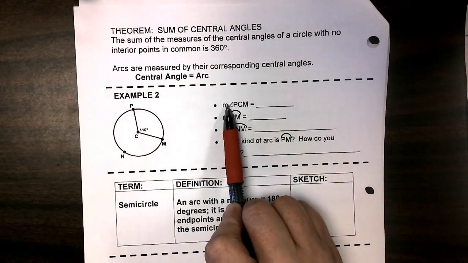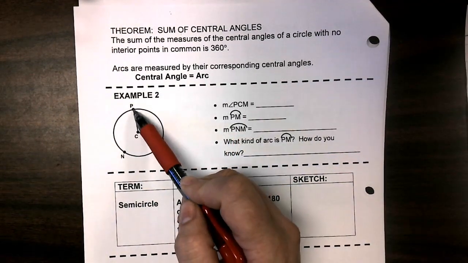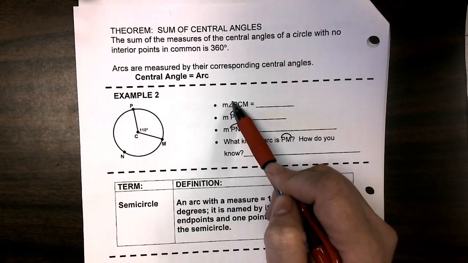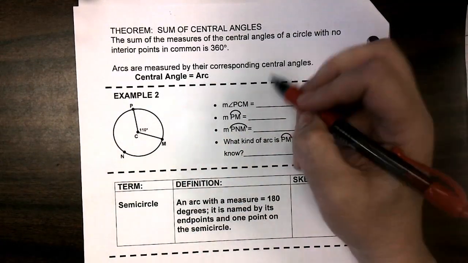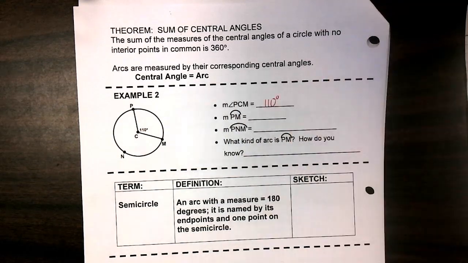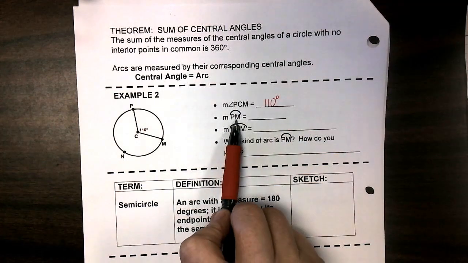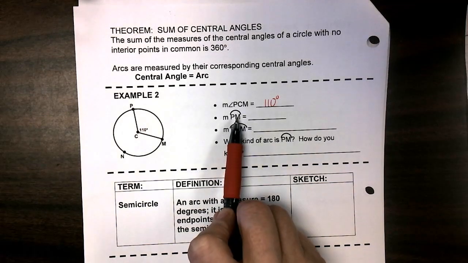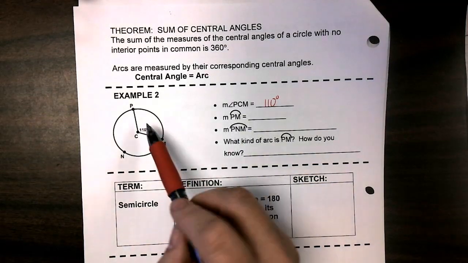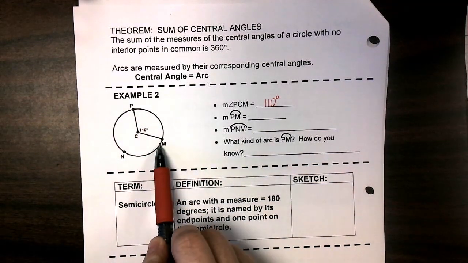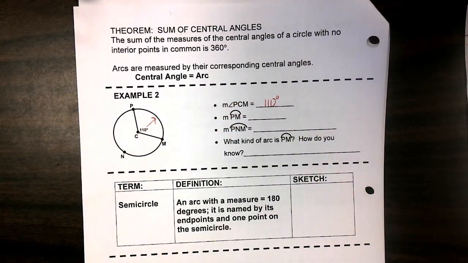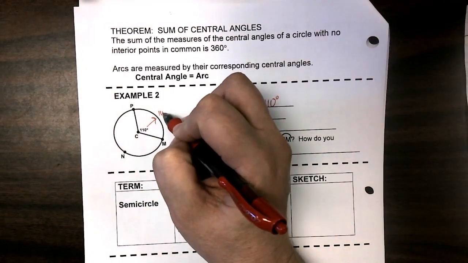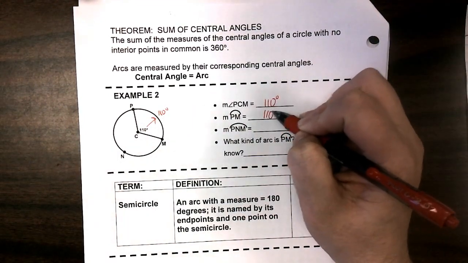The measure of angle PCM, that's the angle measure, not an arc measure, is given as 110 degrees. Then the arc PM, remember that's the minor arc because it's just 2 letters, so we go the short way, P directly to M, and that is the same as that central angle, 110 degrees.